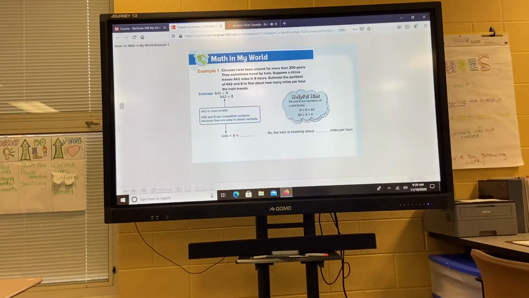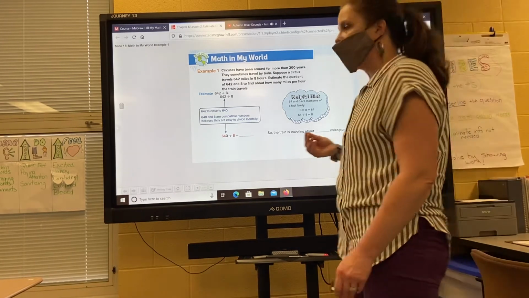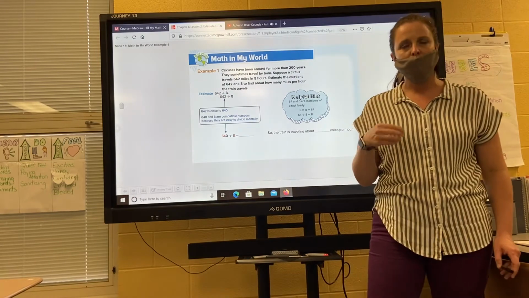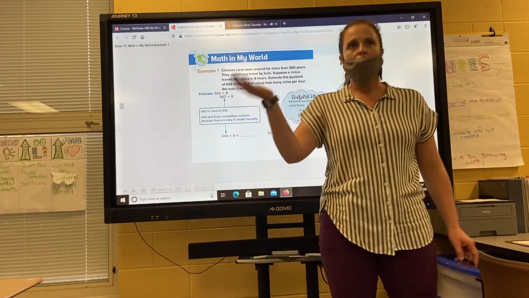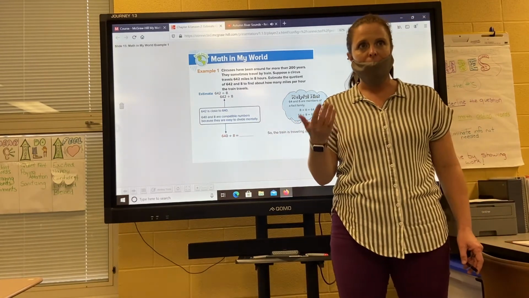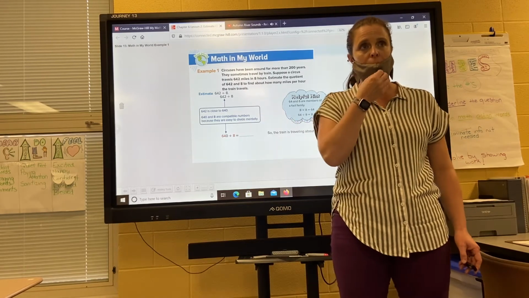It goes on to say one way is to use compatible numbers. What are compatible numbers? They are numbers that are easy to compute mentally. So when we estimate, that helps us divide mentally, like we did with 1,400 divided by 7. We knew that it was 200.